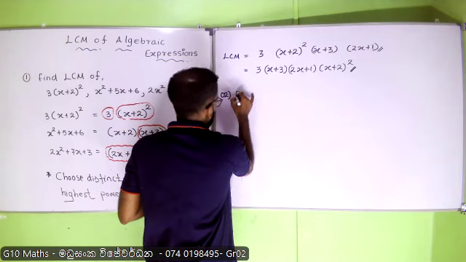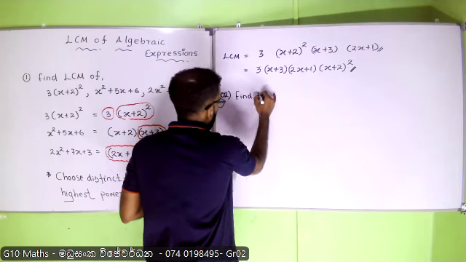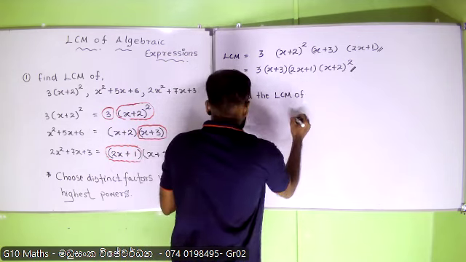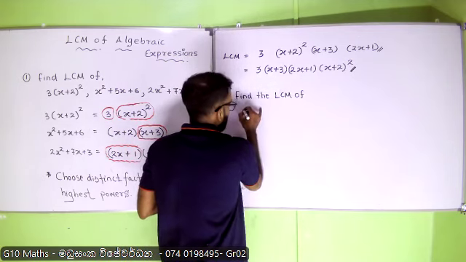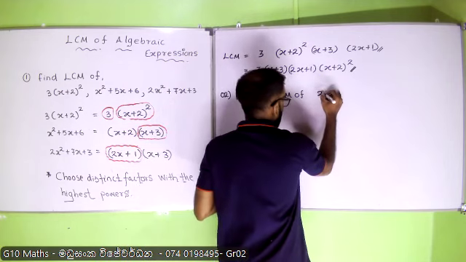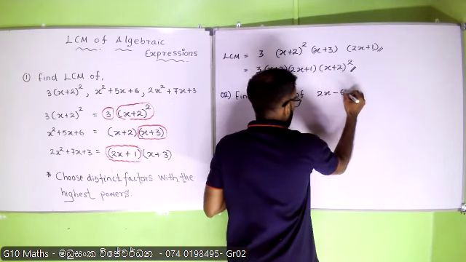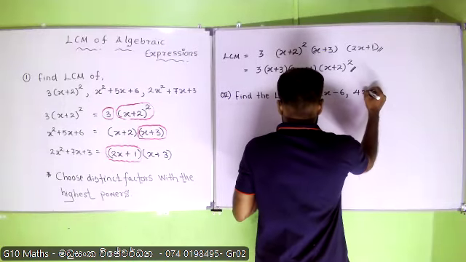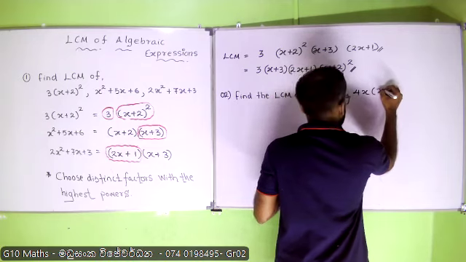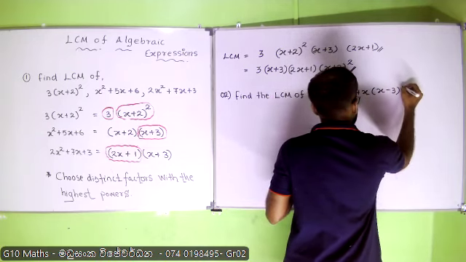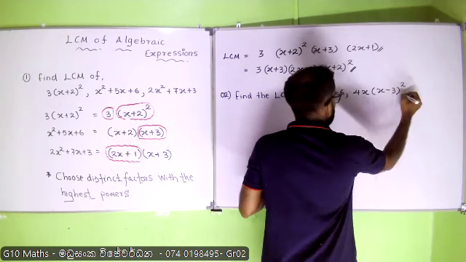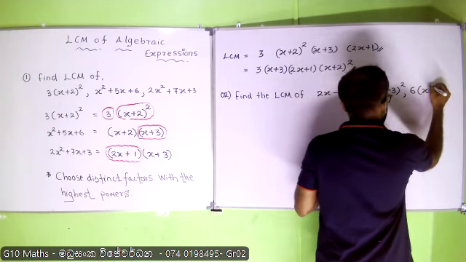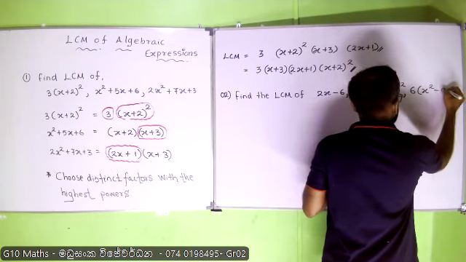Find the LCM of 2x minus 6, 4x times (x minus 3) to the power 2, and 6 times (x to the power 2 minus 9).